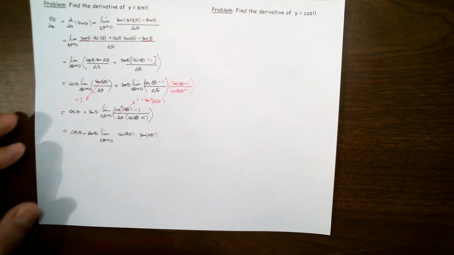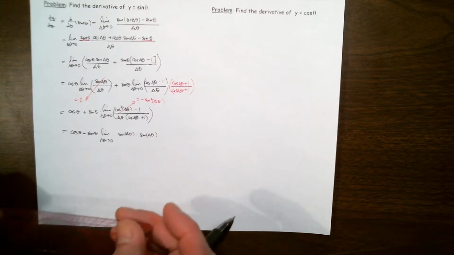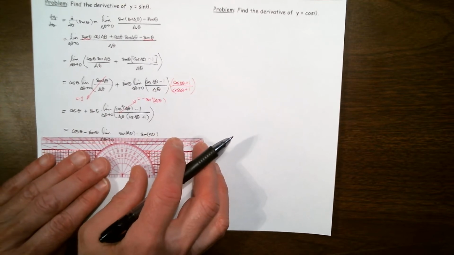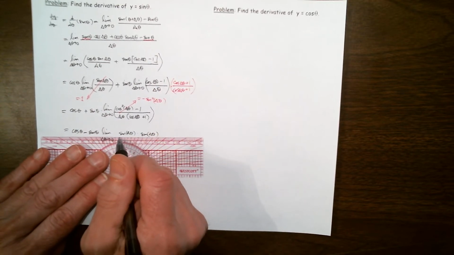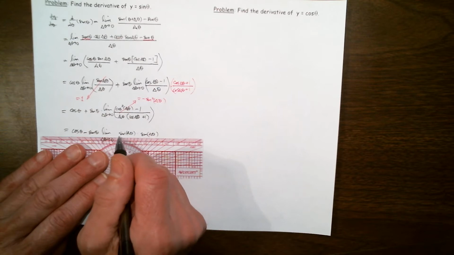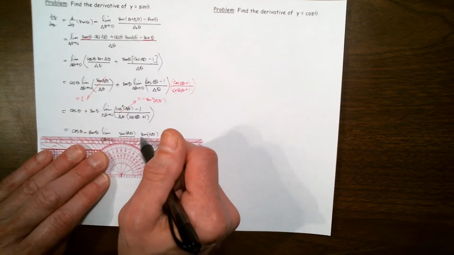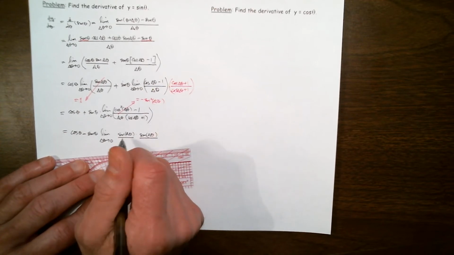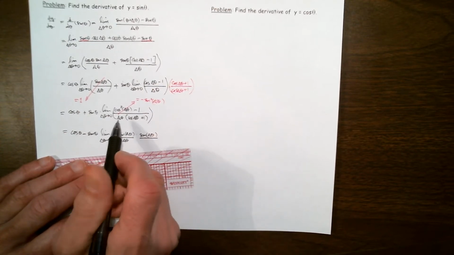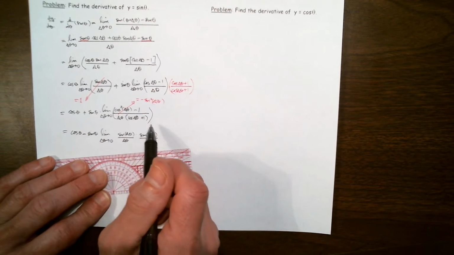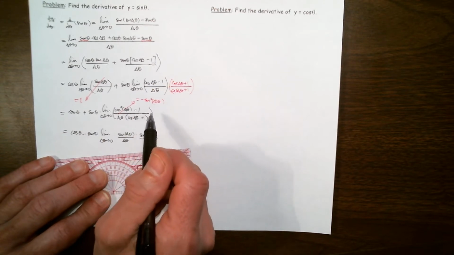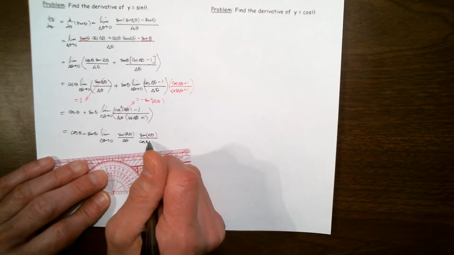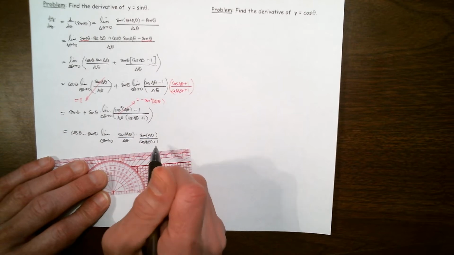Now my denominator is still this product, and so I'm also going to split that up. I could therefore write this limit as sine delta theta divided by this factor of delta theta, and then the other sine delta theta in the numerator will be divided by the cos of delta theta plus 1.